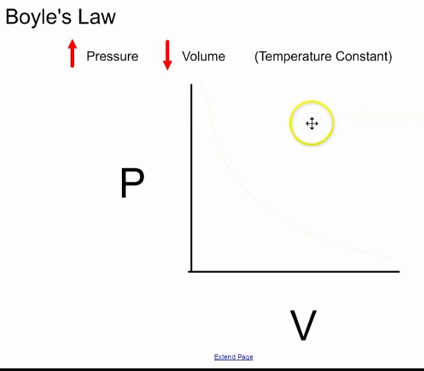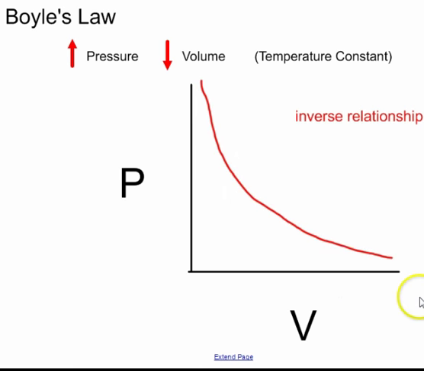This is what is called an inverse relationship, and graphically it would look something like this. If we consider a point here, this is a large volume but a low pressure. If we look at a point up here on the graph, that's a high pressure but a low volume. So this is what we call Boyle's Law. It's an inverse relationship between pressure and volume.